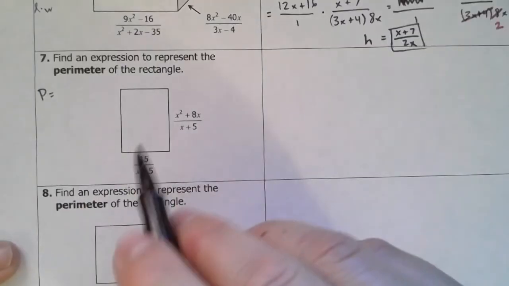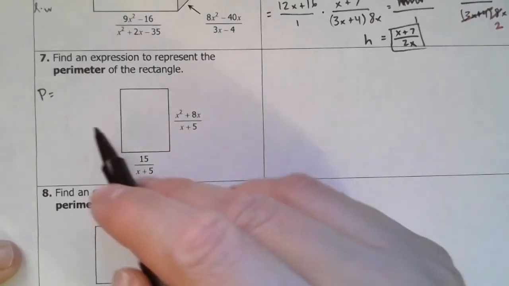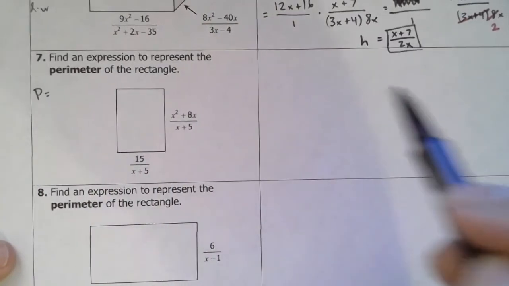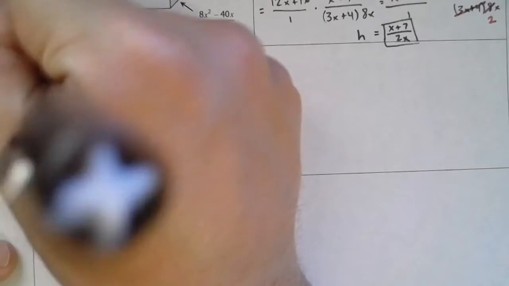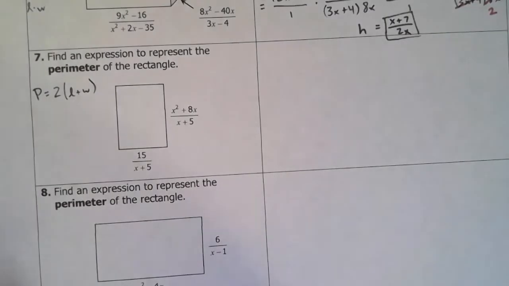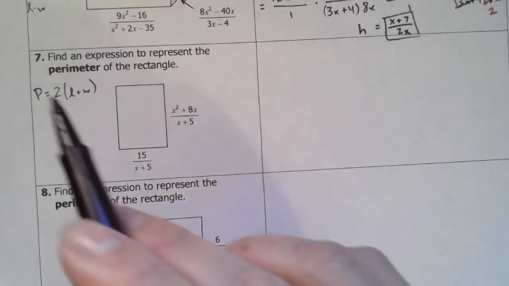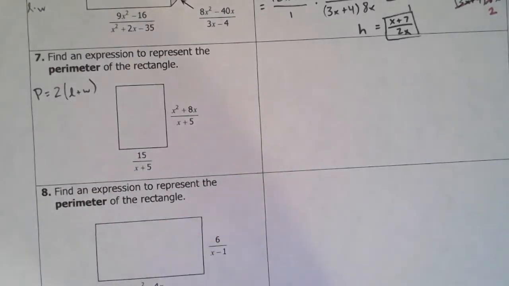So what you could do is just take two of these and add them all up, and you have one long expression. Or you can just use values here just to simplify and save some space, right? Because you know you're gonna have 2 of each, so 2 times the length plus width.